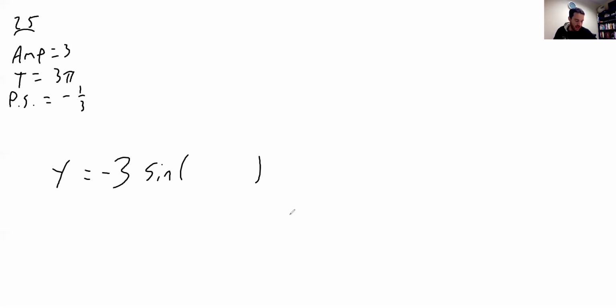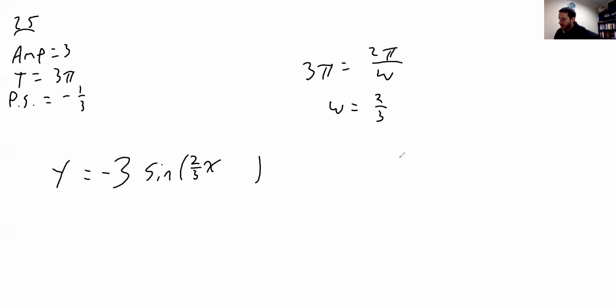The period is 3 pi, so you're going to set 3 pi equal to 2 pi over omega. As you solve for omega, you're going to get 2/3, so 2/3 x.